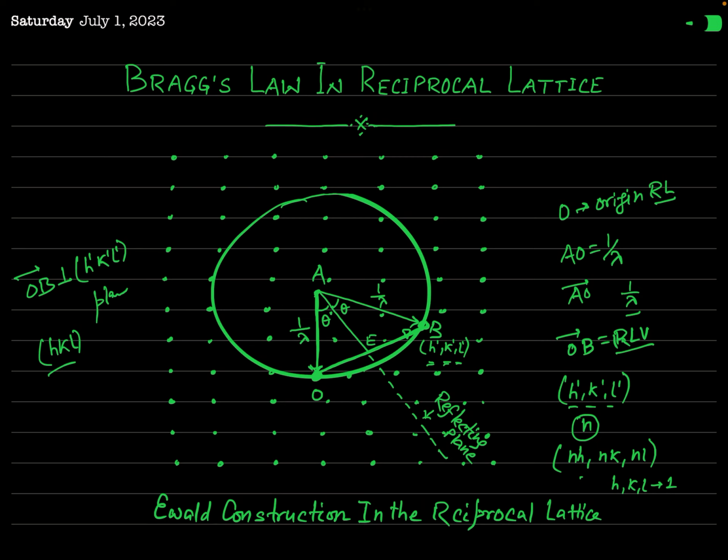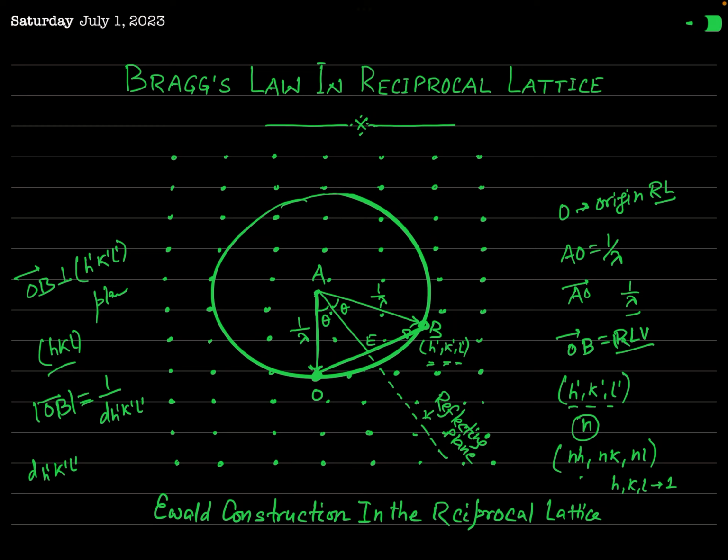According to the definition of reciprocal lattice vector, the length of this OB, the modulus of OB, must be equal to the reciprocal of the interplanar separation. If you denote that interplanar separation by d h prime, k prime, l prime, then modulus of OB must be equal to 1 over d h prime, k prime, l prime.